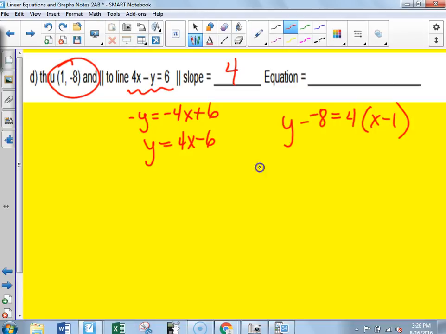I got negative 12 is the y-intercept. Anybody else? How could I check that real quick? I could put the 1 in the 8 and make sure it works, right? If I put the 1 in, 4 minus 12 is negative 8. That seems like that point would be on that line.